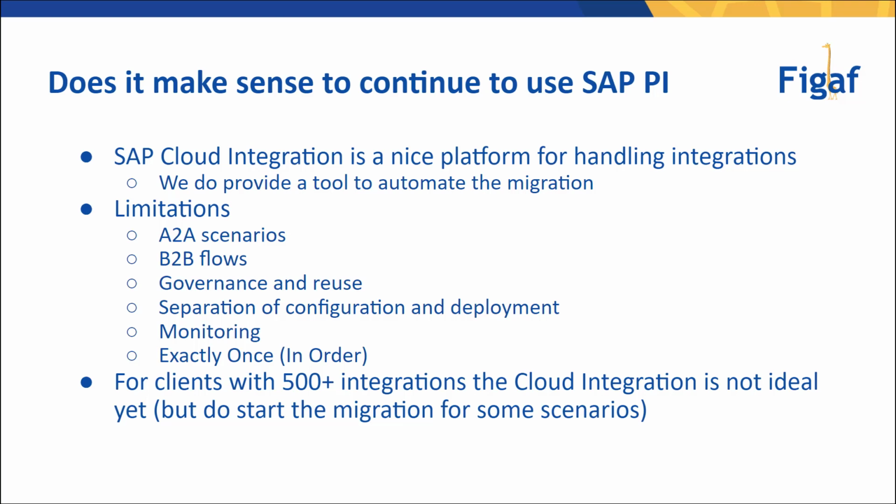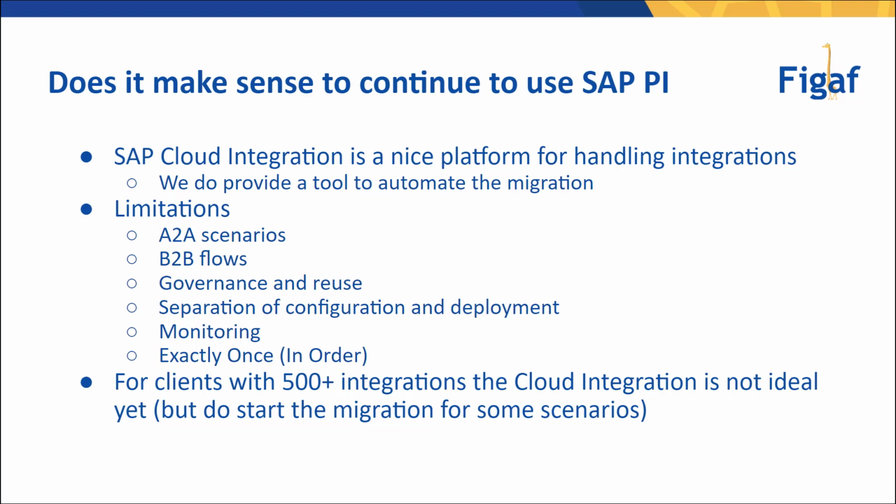because obviously we do have a lot of these scenarios, and if we look at SAP's communication, obviously cloud integration is the preferred platform for doing any kind of integration. And that is important, but obviously there is a number of limitations in this.